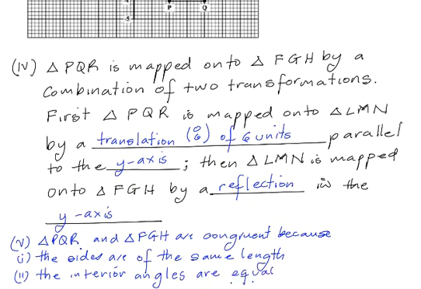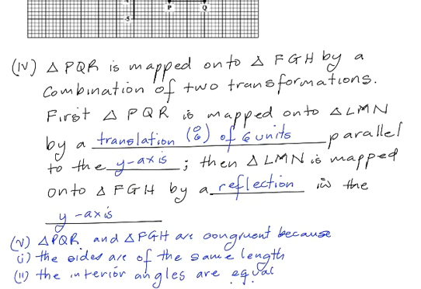All right. So by saying that the sides are of the same length, what we're saying is that the 2 triangles are of the same size. By saying that corresponding interior angles are equal, we're saying that the 2 triangles have the same shape.